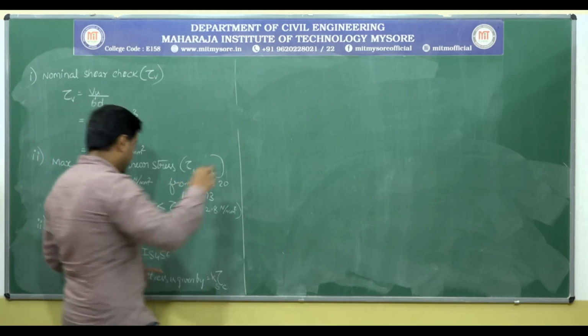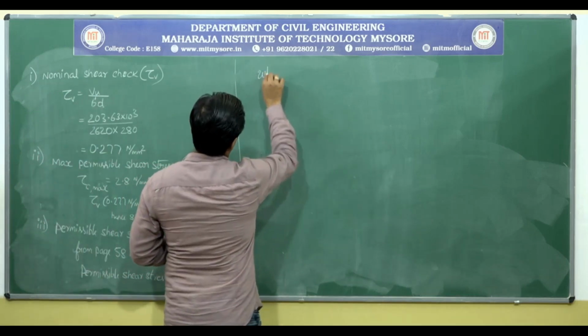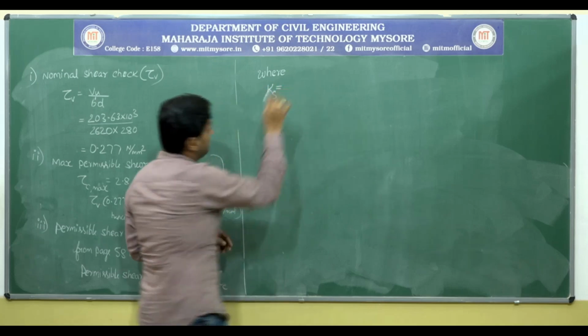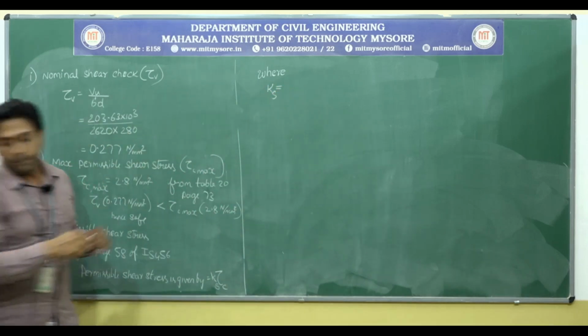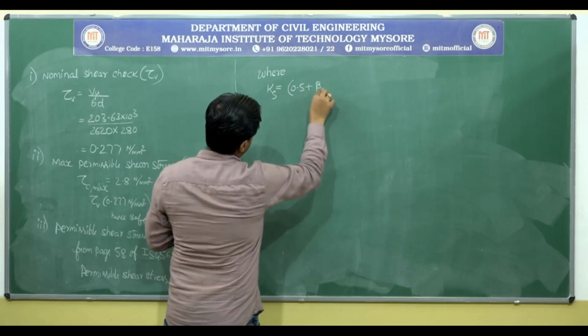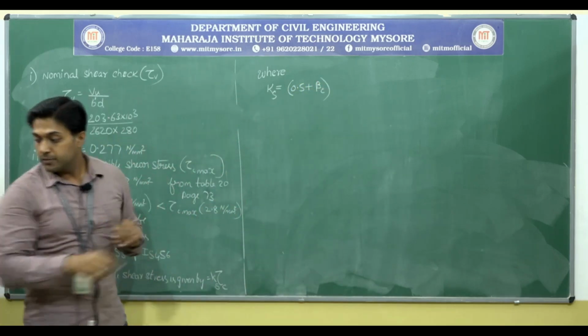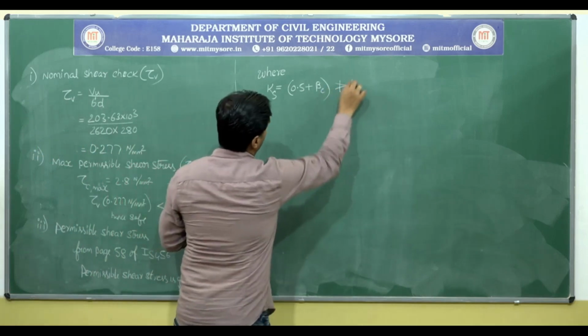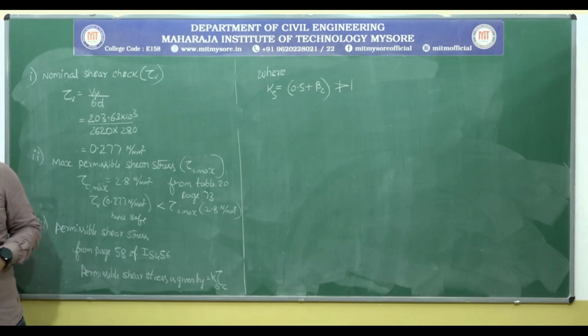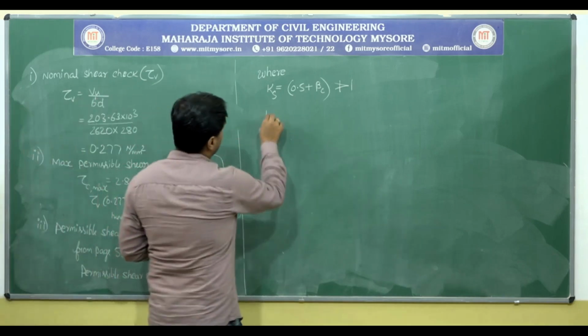Where Ks is given by 0.5 plus beta c, and that value should not be greater than 1.